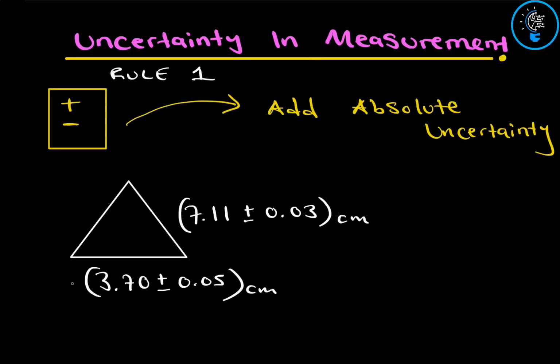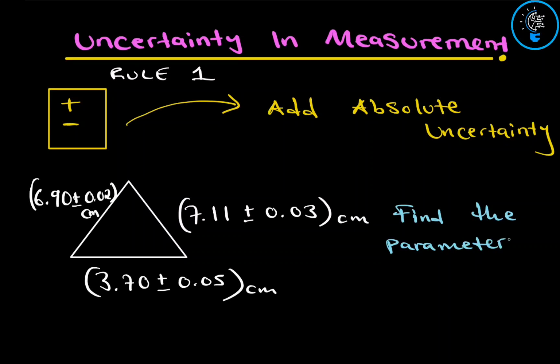Then this side, let's say it's 6.90 plus or minus 0.02 centimeters as well. Then let's say the question says find the parameter with uncertainty. So we need to consider uncertainty when calculating the parameter.